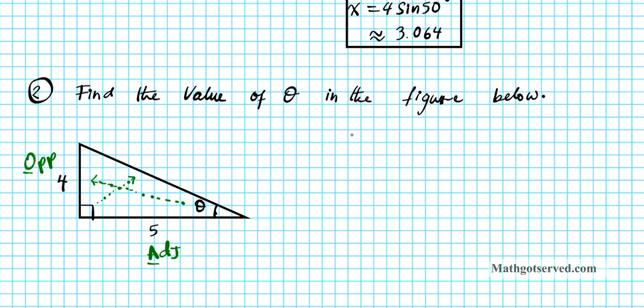So let's write down the formula that relates the sides to the given angle, SOH CAH TOA. Now out of sine, cosine, and tangent, which one has O and A? We can clearly see that tan theta is the choice here. So we're going to use tan theta equals the opposite, which is 4, over the adjacent, which is 5.